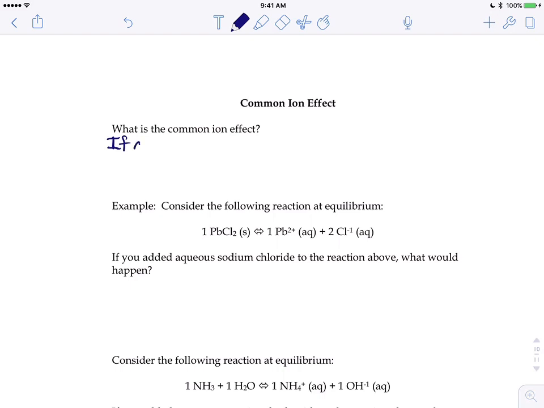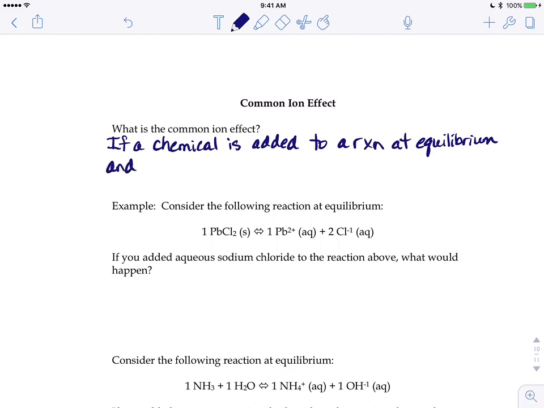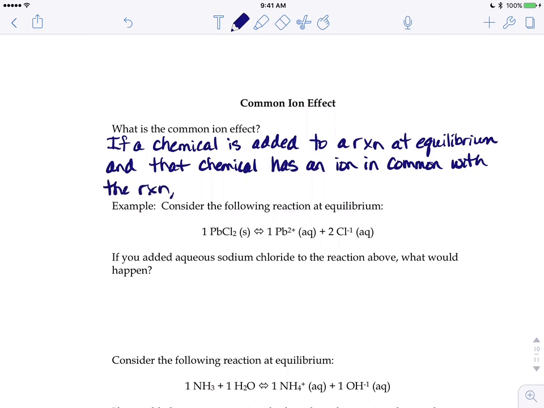If a chemical is added to a reaction at equilibrium, and that chemical has an ion in common with the reaction, equilibrium will be disturbed.